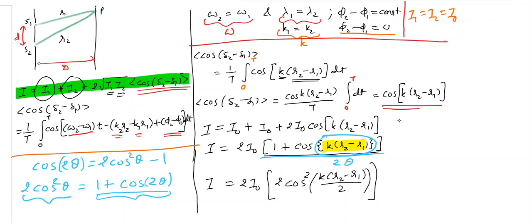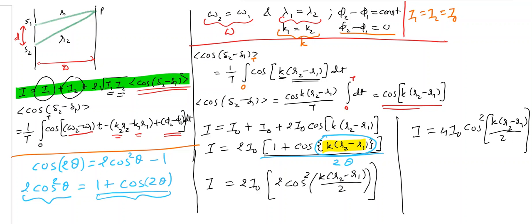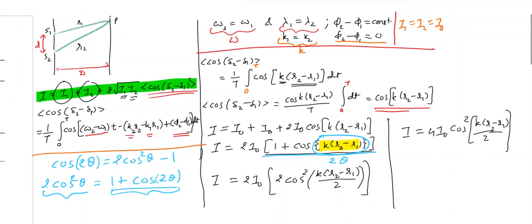And then the equation is I is equal to 4 I0 cos squared of k (r2 minus r1) by 2. This is the expression of intensity in the case of two waves which are coherent in nature.